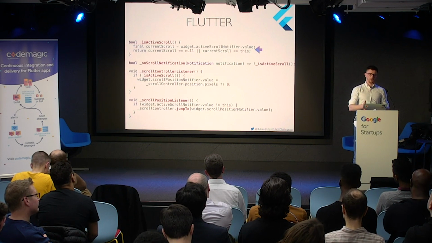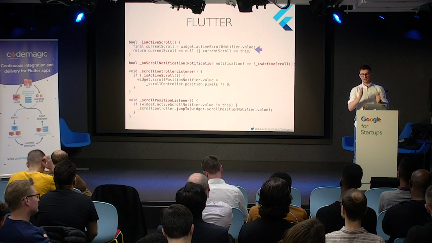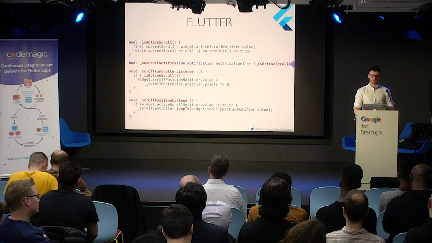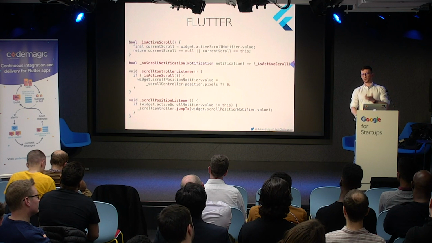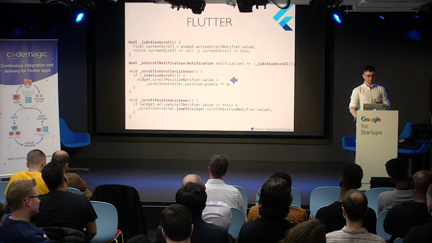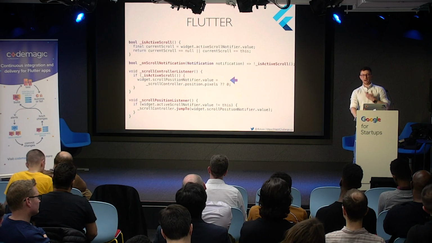And then when we notify everyone about the current active scroll notifier, this is active when it equals the same object. And we are also adding this on-scroll notification just to ignore all the notifications that we are getting from this single list. And in the scroll controller listener, we are again checking whether we are active.